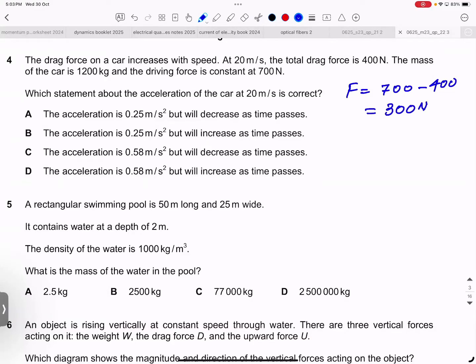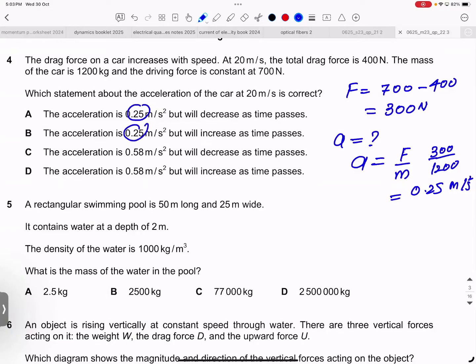Yes, acceleration we can find. Acceleration is F over M. F is 300. Mass is 1,200. 1 over 4, 0.25. So acceleration is 0.25. So option maybe A, maybe B, not C, not D. Now, my dear students, we know that the speed is increasing.